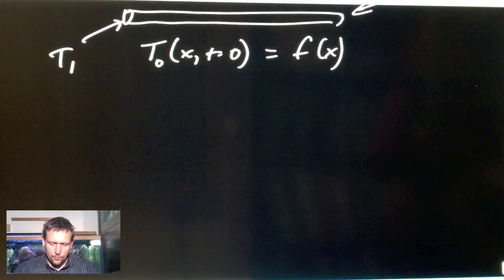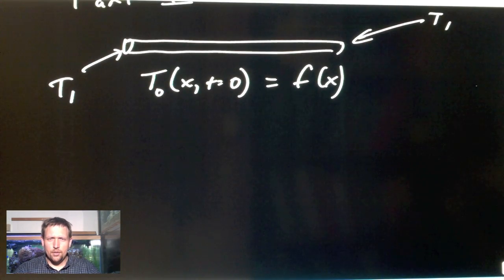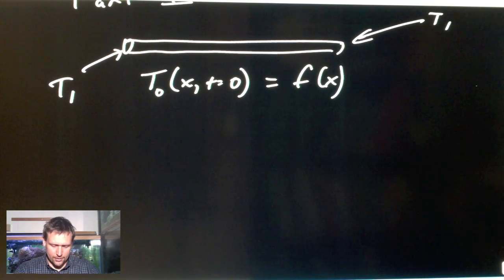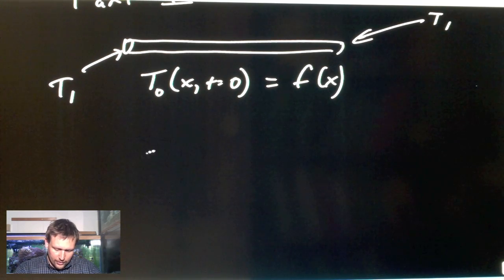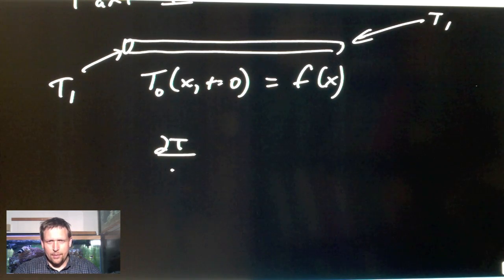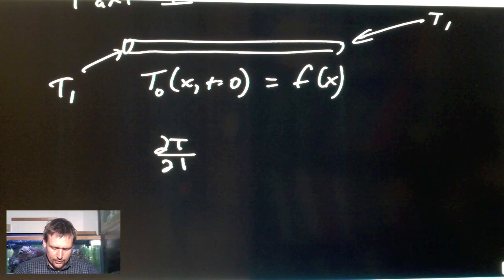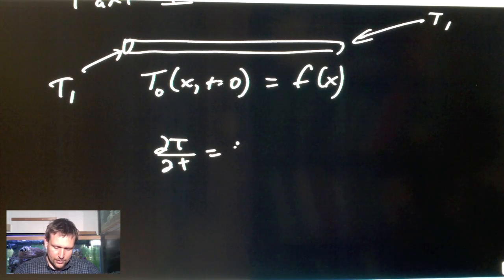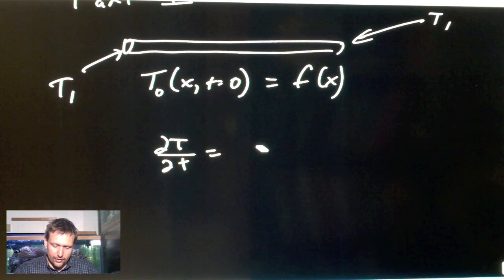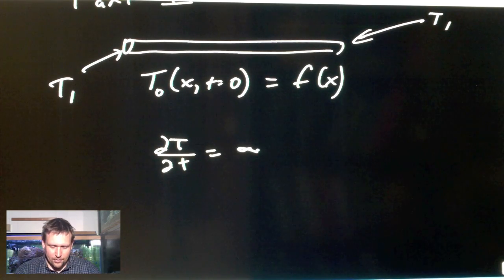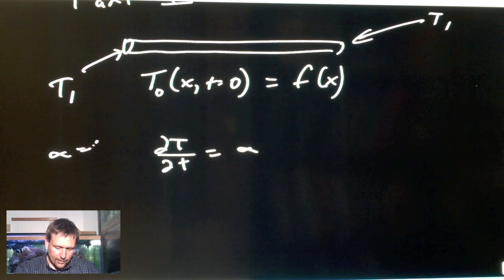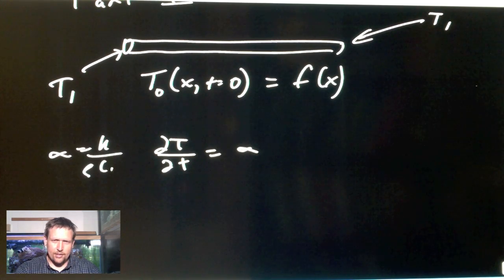So what are the governing equations for heat transfer in a rod? If we consider only thermal conductivity, we can write the following equation. This is Fourier's second law for heat conduction. So del T, partial T with respect to time, equals the thermal diffusivity alpha, which is a ratio of the thermal conductivity K divided by the material density and the heat capacity.